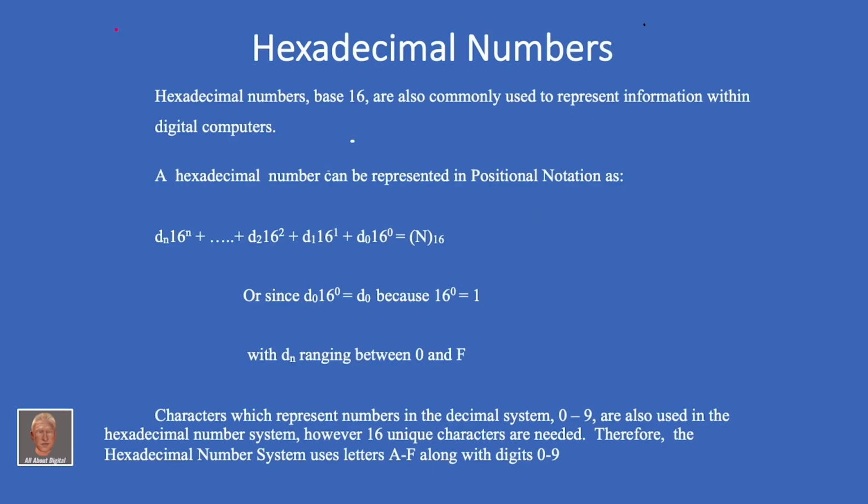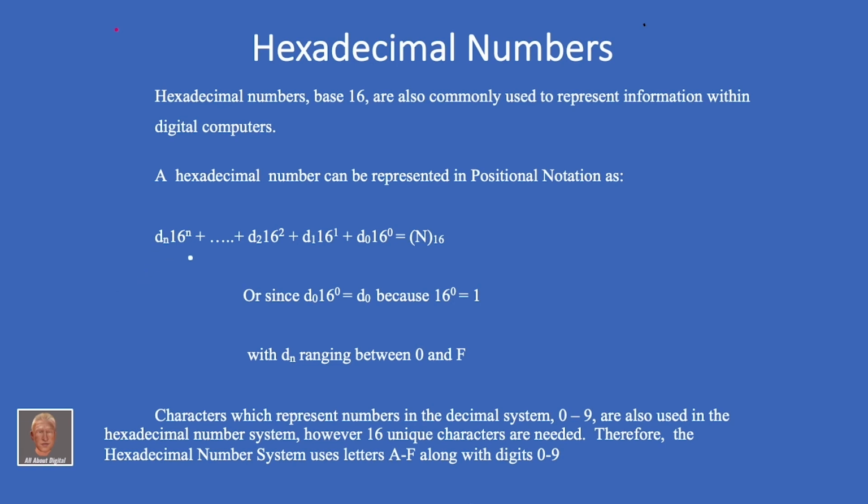Okay, hexadecimal numbers are base 16 numbers, or radix 16 numbers. In other words, they have 16 unique digits, 0 to 16 minus 1. And it can be represented in positional notation, just like we talked about before.